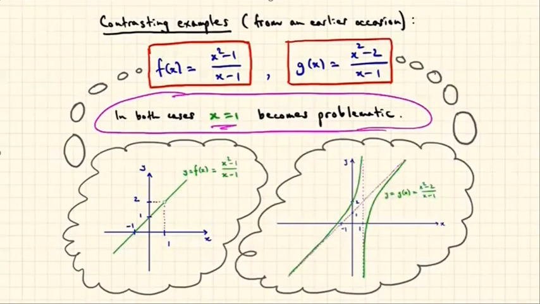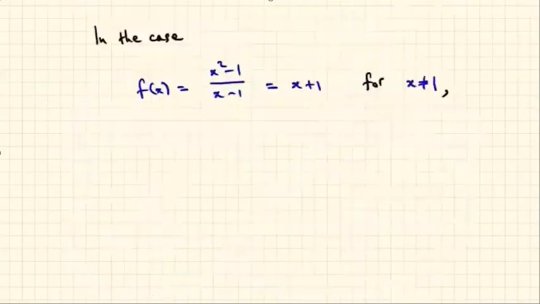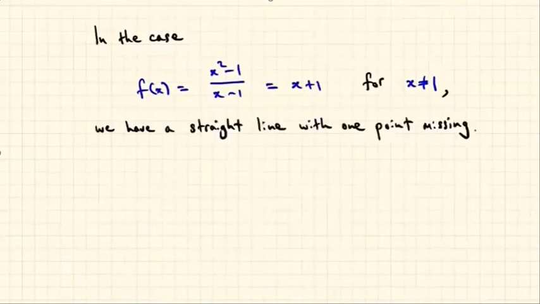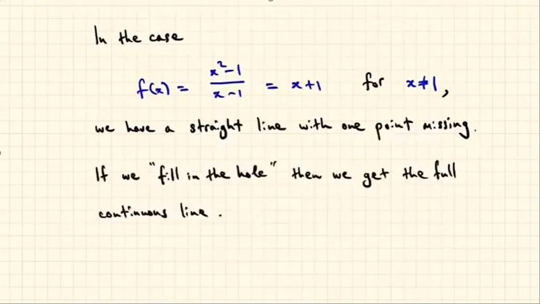In the case of the function f, the rule becomes f(x) = x + 1 for x not equal to 1, producing a line with just 1 point missing. If we fill in the hole, then we get the full continuous curve. And we can say that the discontinuity is removable.